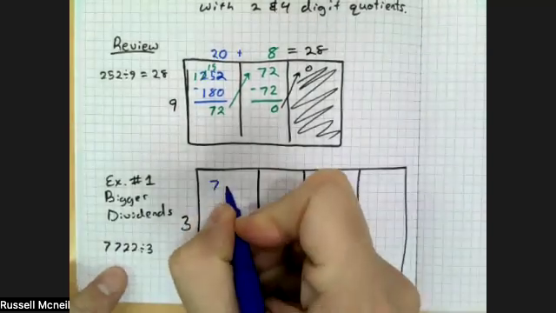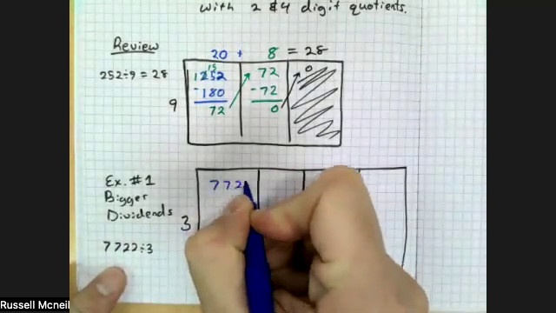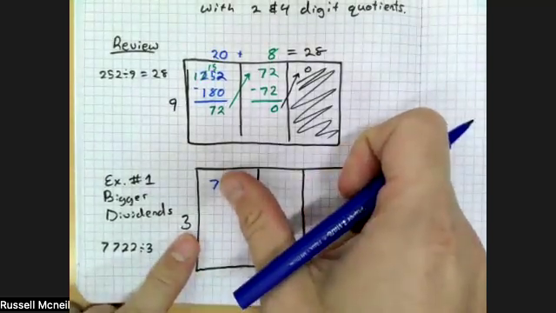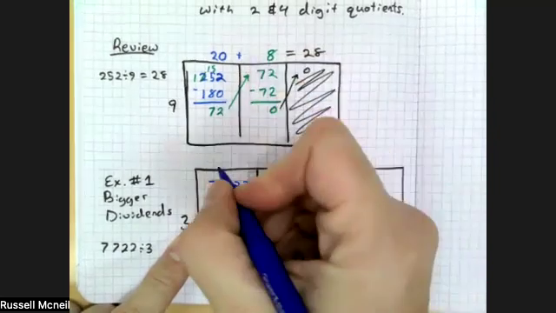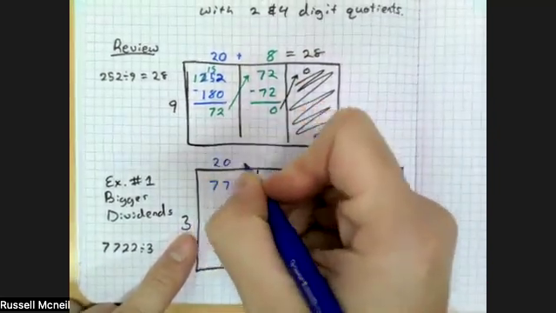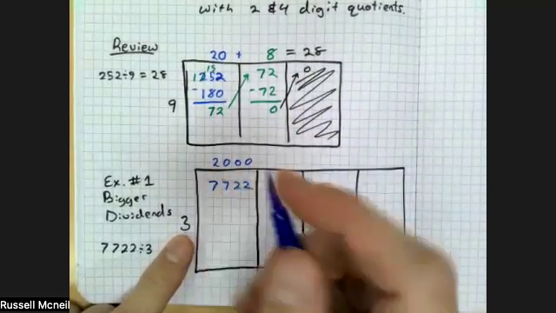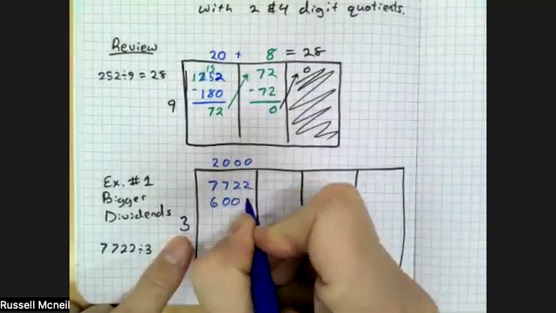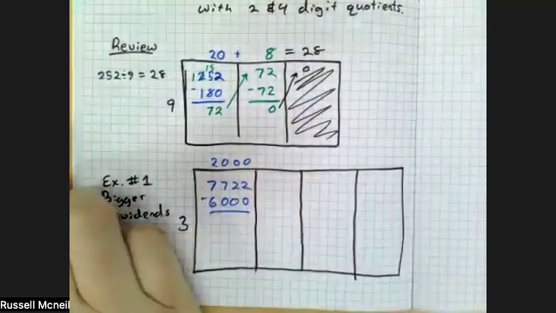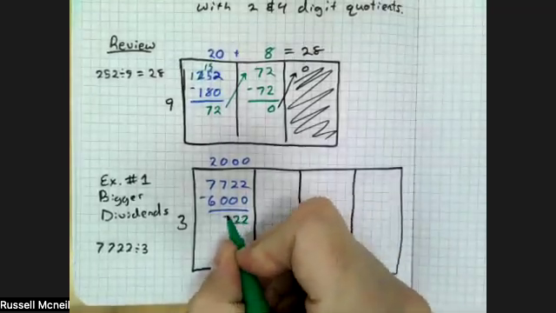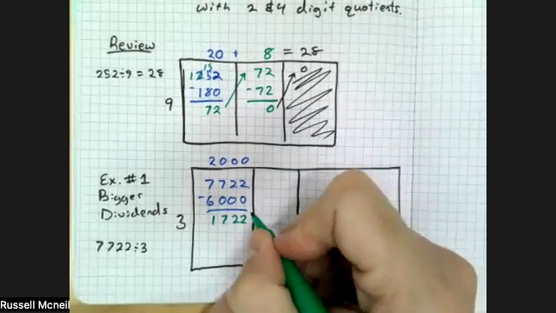So we got 7,722. Now, 3 does go into the first 7. So that's going to give us 2,000. 2,000 times 3 is 6,000. Subtract. 2, 2, 7, 1. We move it up.